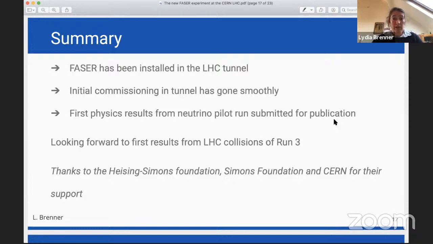So for this, we can only say there were neutrino candidates, and we can show that the no-neutrino option is not a possibility, but not which flavor the neutrinos were. But for the Run 3 one, we will definitely be able to do that.